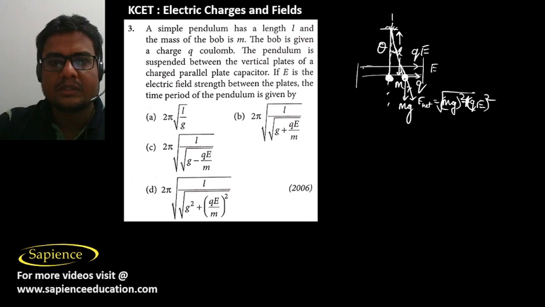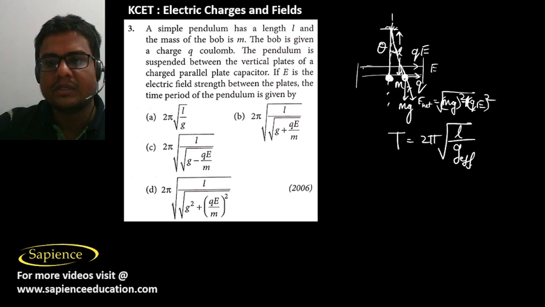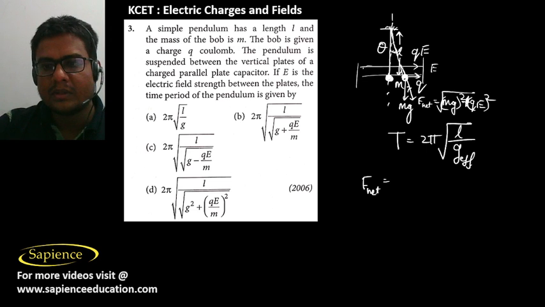Therefore the time period of the pendulum will be given as 2 pi root over L by g effective. So we have to find g effective. The net force on the bob of the pendulum, that is m into g effective, is equal to the square root of mg whole square plus QE whole square.